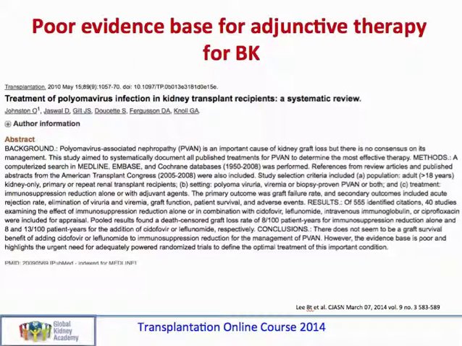In this systematic review of the treatment of polyoma viruses, the authors conclude that there was really little benefit in adding Cidofovir or Leflunomide in addition to reducing immunosuppression. So we just don't know whether there's any role for these drugs at the moment.